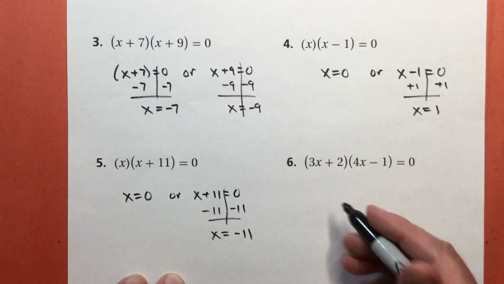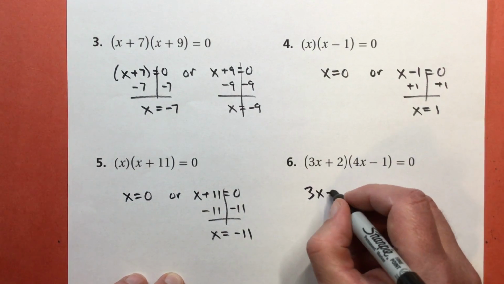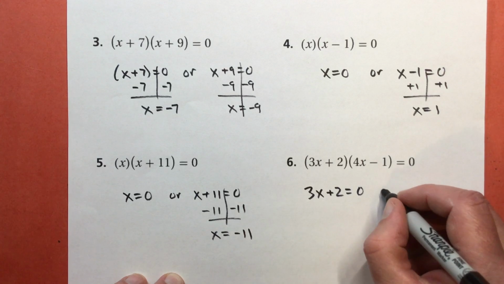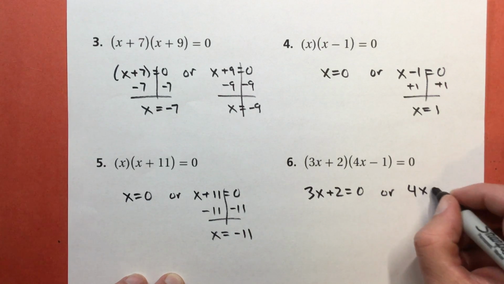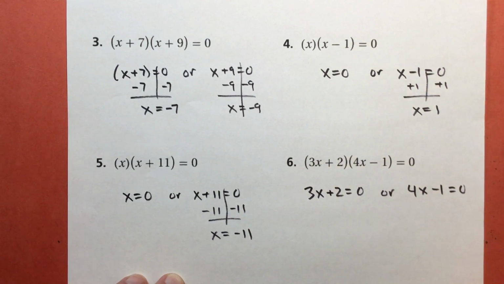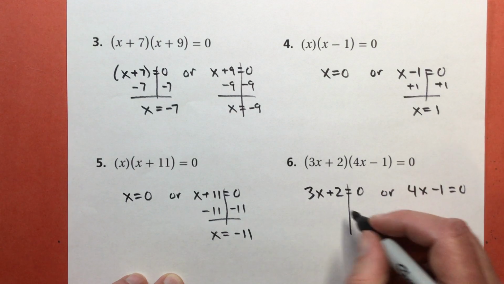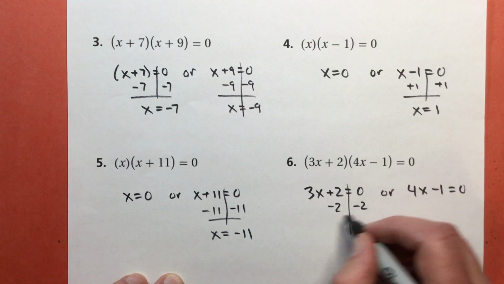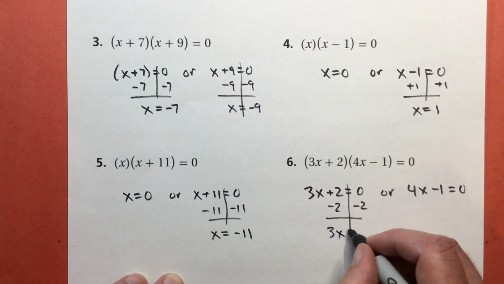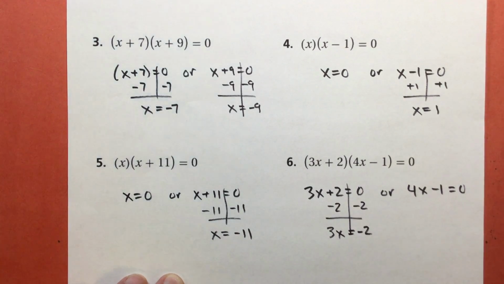Now for number 6, I get 3x plus 2 equals 0, or 4x subtract 1 equals 0. Now, the 3, I'm just going to have to do something else with that, so hold on. Draw your line, add negative 2, and I get 3x equals negative 2.